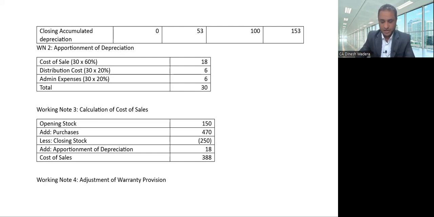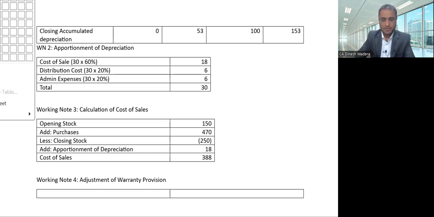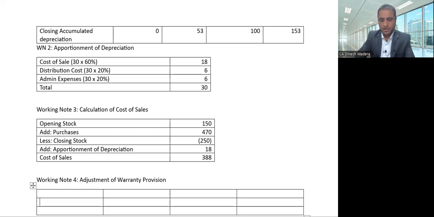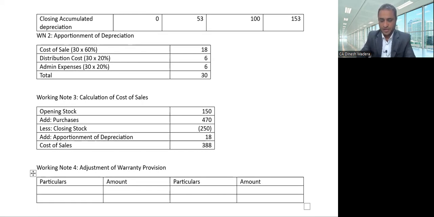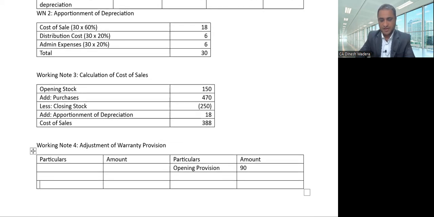So ideally, if you want to learn the accounting concept, you can always create an account: particulars, amount, debit side; particulars, amount, credit side. So we have opening provision of 90. They give us the balance required for closing provision.